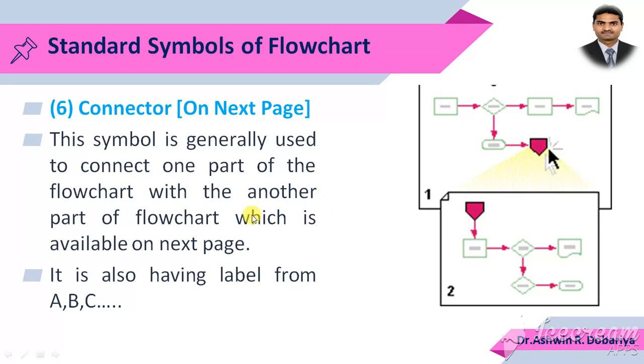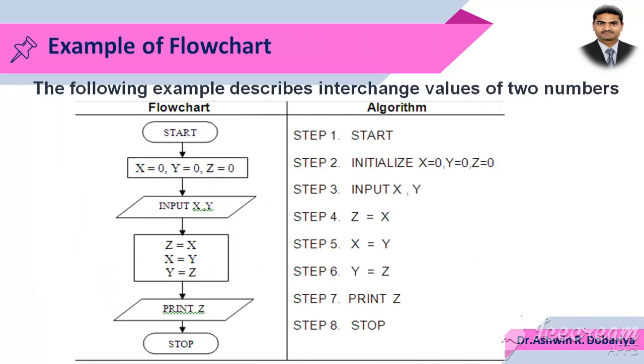So we have seen a total of 6 different types of symbols, or you can say standard symbols, that are commonly used to draw flowcharts. Now let's discuss a few examples. In the previous video we have already discussed a few examples of algorithms, and if you know the algorithm, then it is easy to convert it into a flowchart.